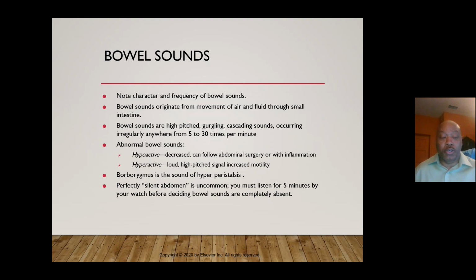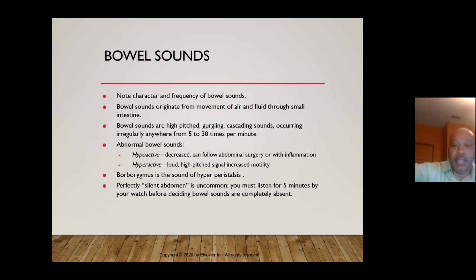There was a time many years ago, really early on in my career, that I thought they came from the stomach, but they actually come from the small intestine. It is due to a combination of air and fluids moving through the small intestines that you're actually hearing. When we hear bowel sounds, they are sometimes high pitched.